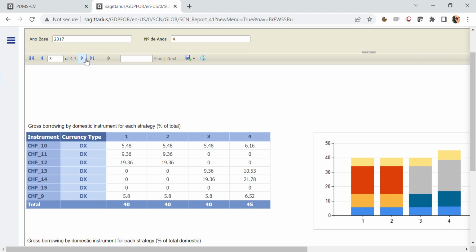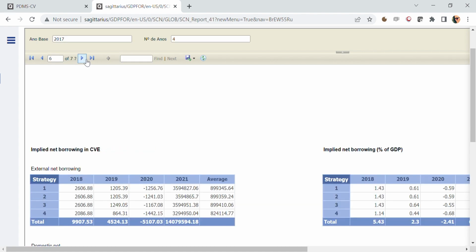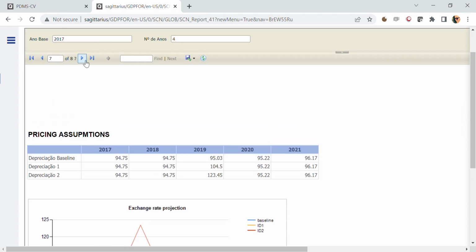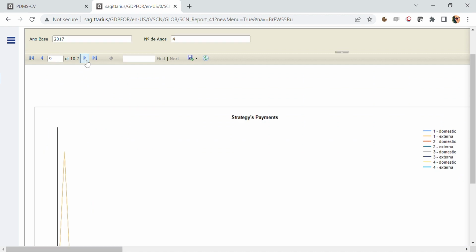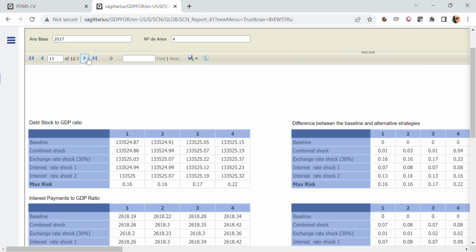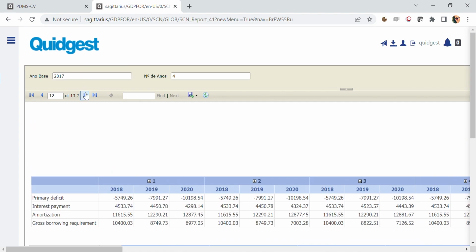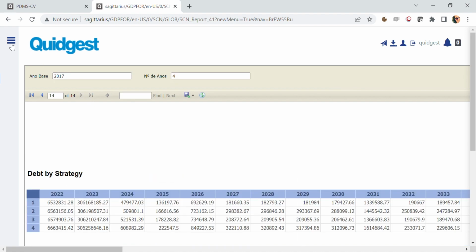Here we can see different divisions for the gross borrowings and composition of the debt, the pricing, the redemption profiles, and cost and indicators and other information that is based on our assumptions and used strategies.